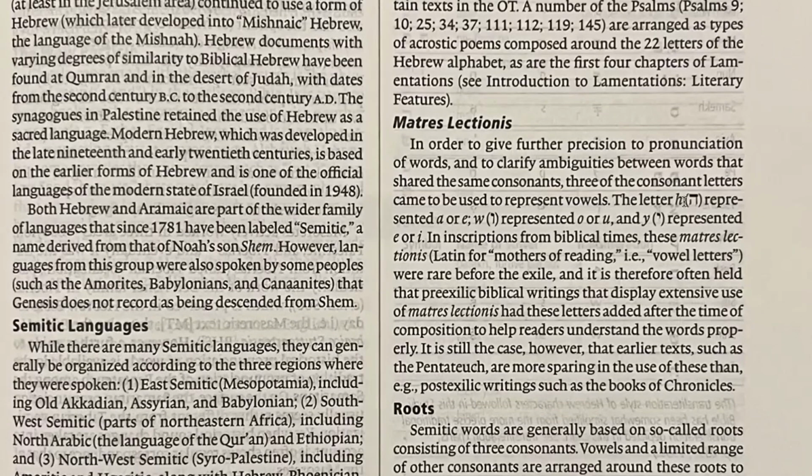The letter H represented A or E, W represented O or U, and Y represented E or I.